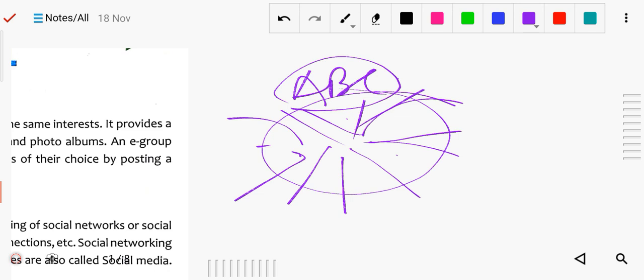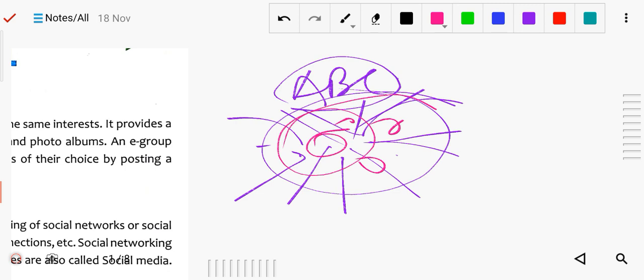And what is the purpose? The purpose is being here in the same place. Why are all these people here? Because they have the same, common interest, that's why they are in this group. They can share the same thoughts regarding that particular interest.